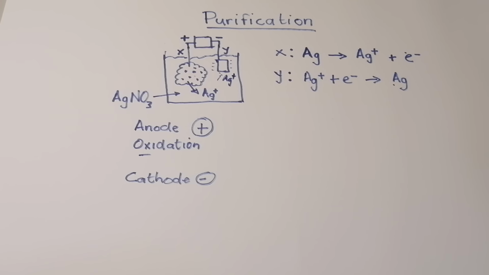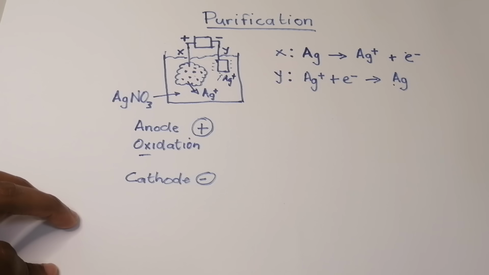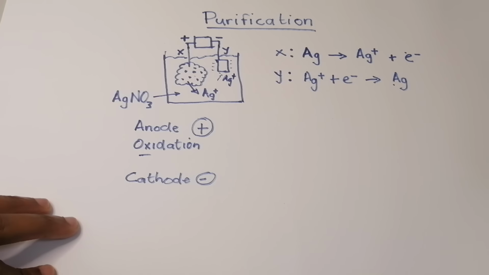So the rate of oxidation is equal to the rate of reduction. I hope that makes sense. Now let's take the last reaction and wrap this up. It's quite a simple and easy section, and it's not worth a lot of marks, so we won't dwell too much on it.